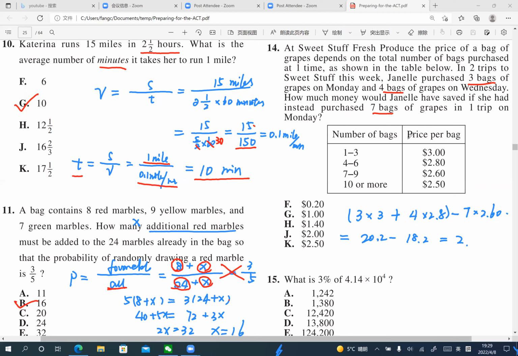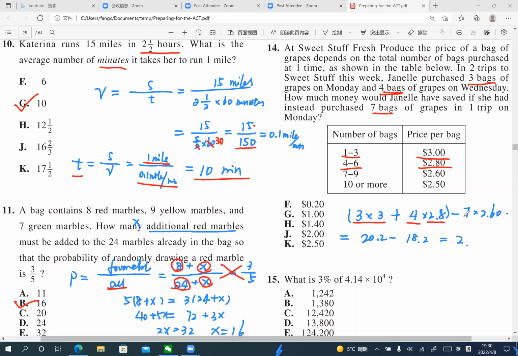So from the table, we can tell the first trip, 3 bags. Each bag, $3. So it's 3 times 3. The second trip is 4 bags. So 4 bags, each bag, $2.8. So 3 times 3 plus 4 times 2.8.